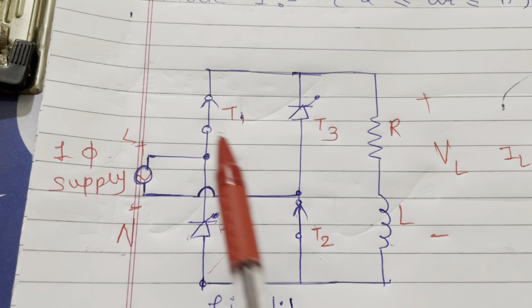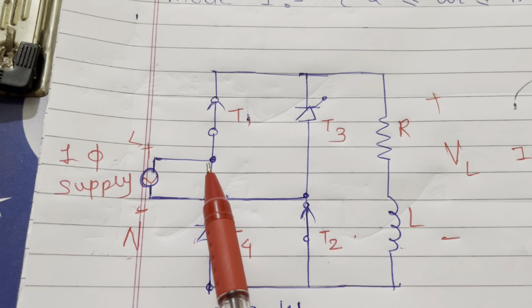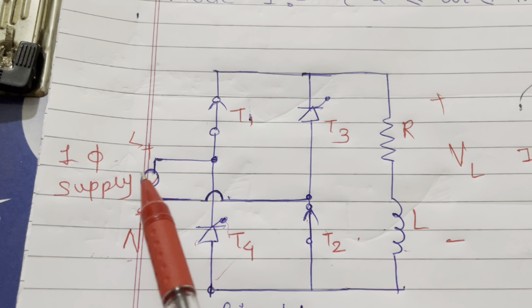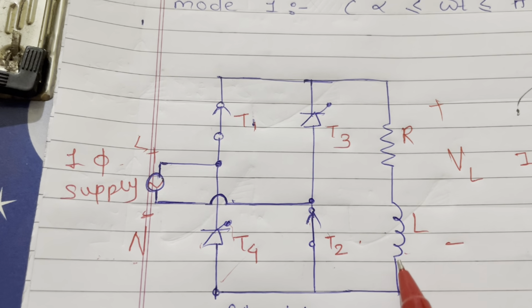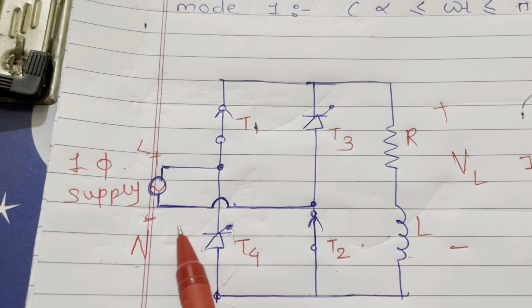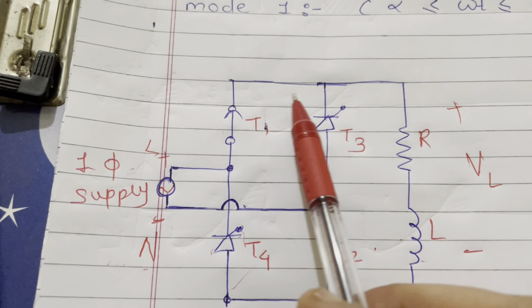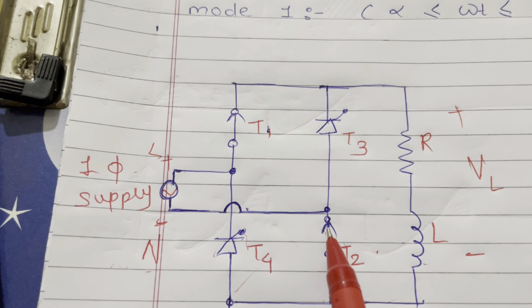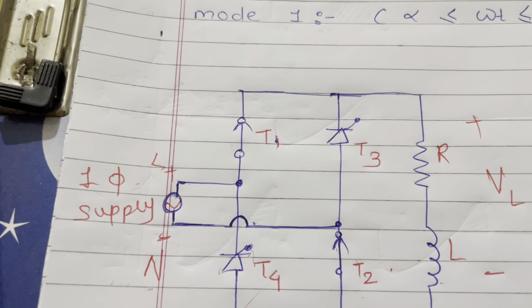In this mode, SCR1 and SCR2 are conducting. The current flows from the single phase supply through T1, then the RL load, then T2, and back to the negative supply. So IL and I0 flow in this direction in the diagram.